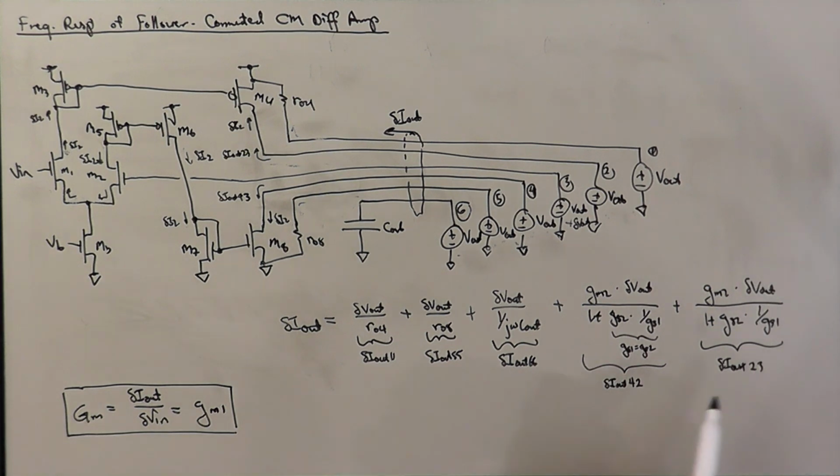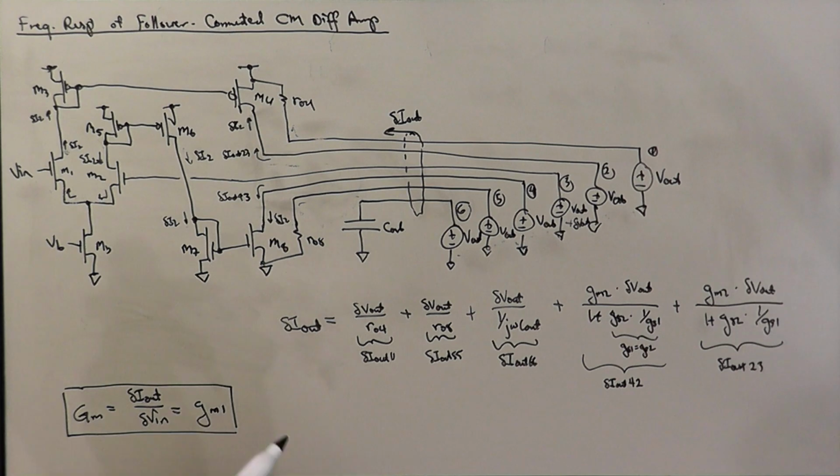And again, we're at this balance condition where GS2 and GS1 are the same, and so they cancel, and we have GM2 over 2. Notice that these are both GM2 over 2 times delta V out, so we can combine these two terms, and that'll just be GM2 times delta V out.